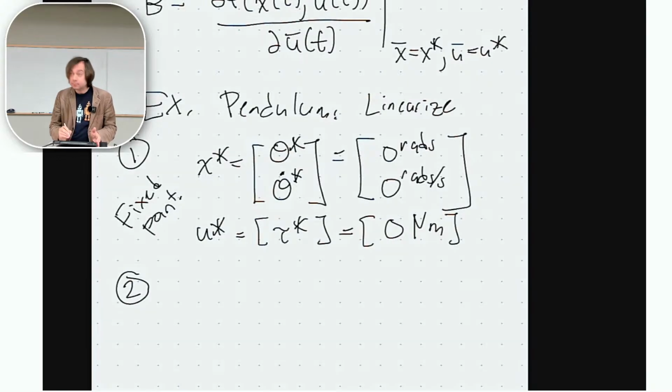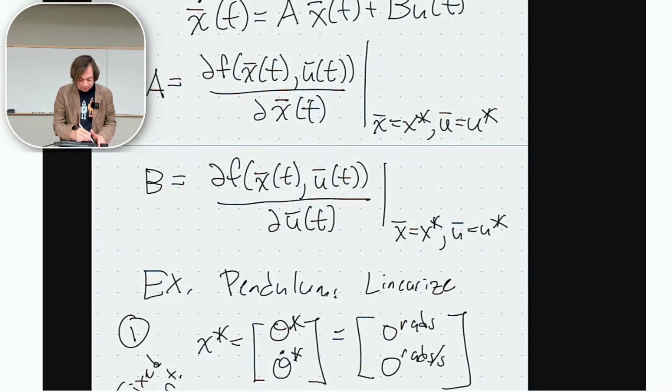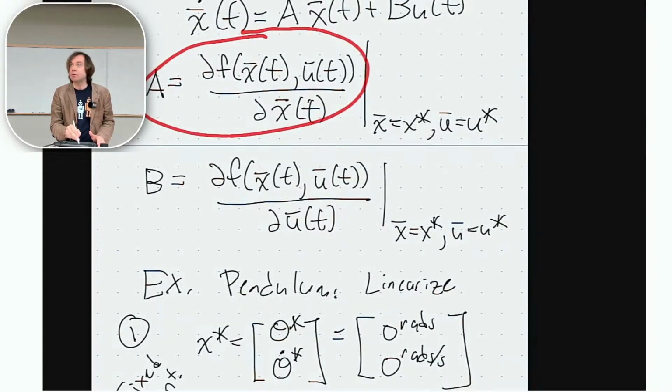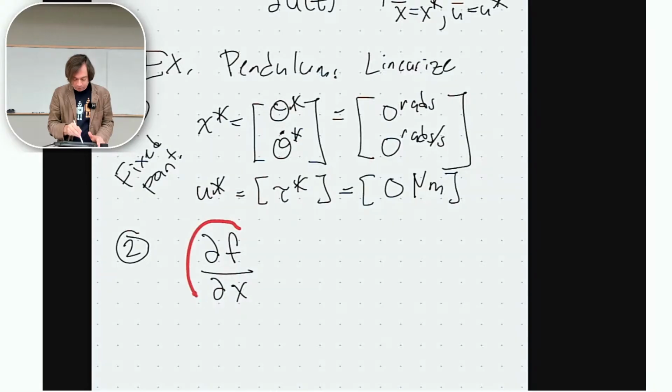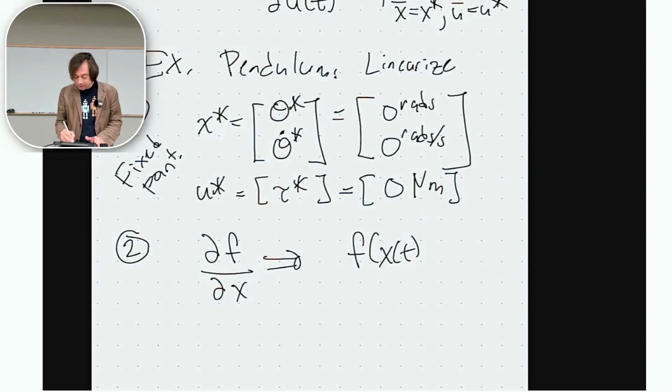Number two, we're going to do partial f, partial x. Now that's the same thing, to be clear, that's this. I'm just getting rid of all the stuff. Okay? Partial f, partial x. Now you'll have to recall that our f, which contained x of t and u of t, we wrote it above.